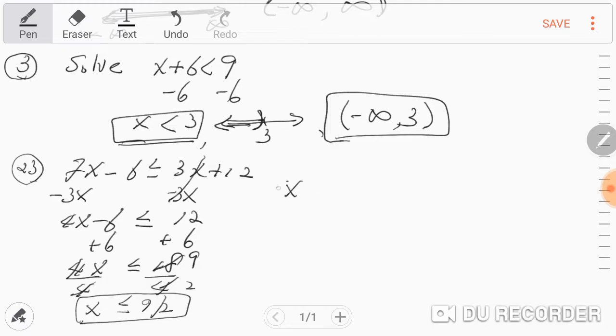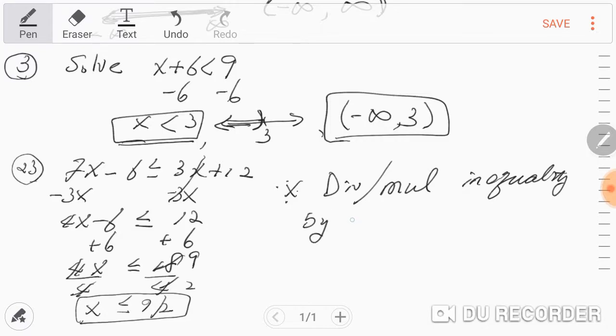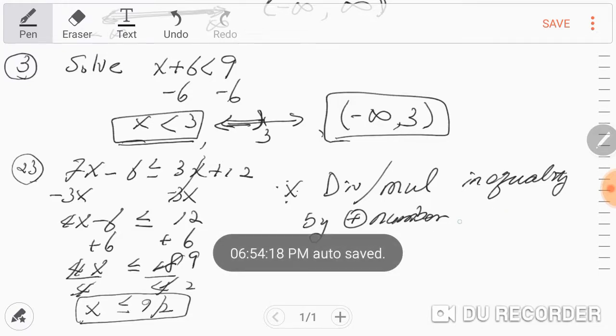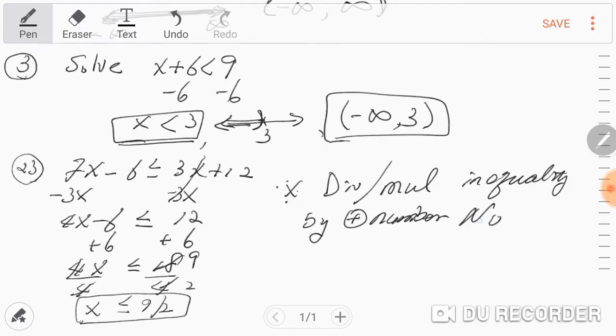Here's a very important concept. When you divide or multiply the inequality by a positive number, there's no change in the inequality symbol.